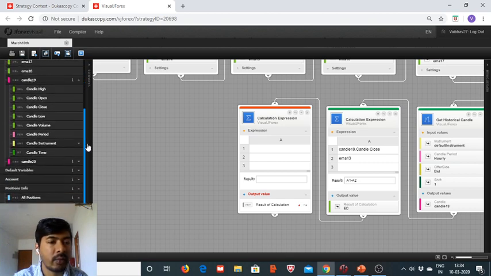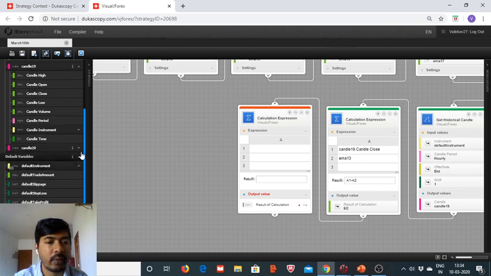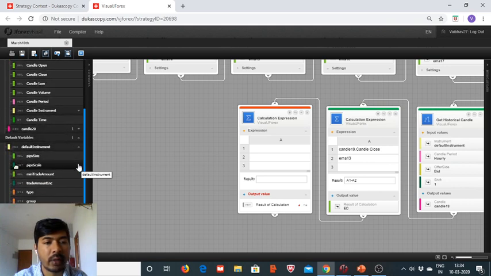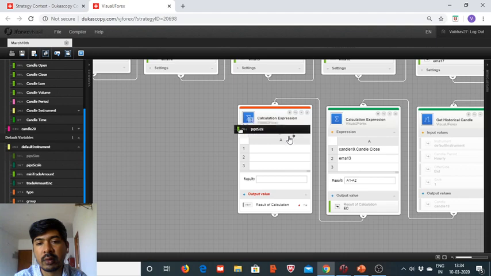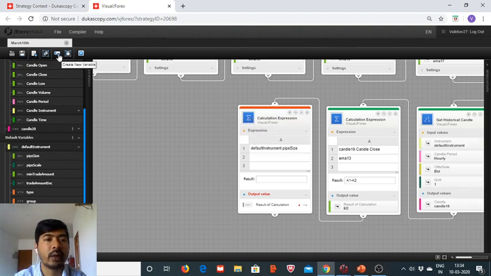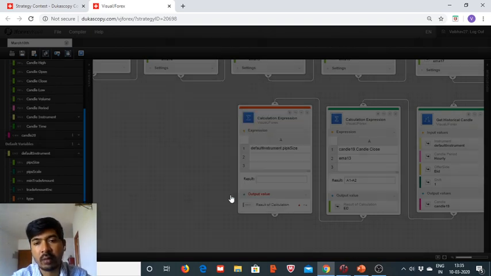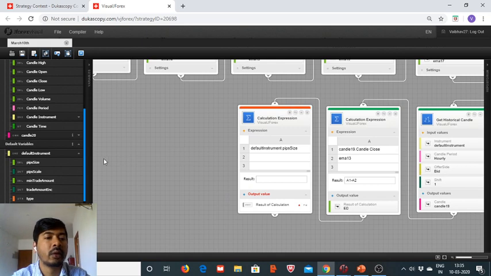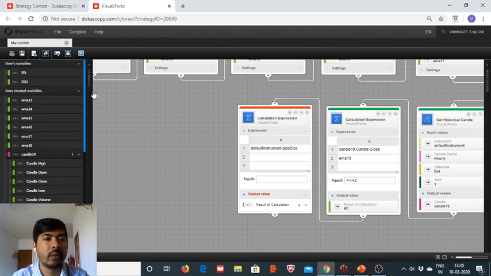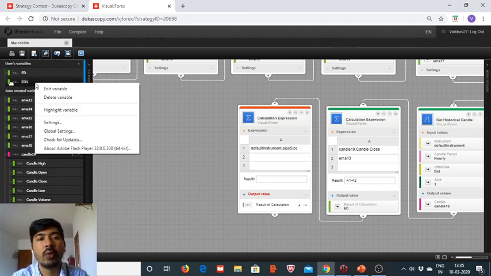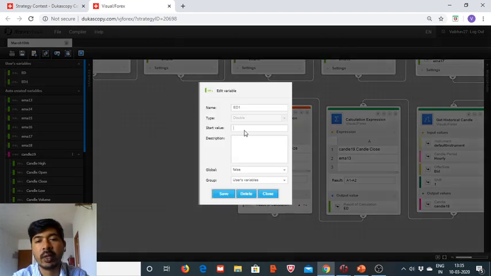So where is the default variables? The default variable is here, default instrument pip size, and we will need to create a new variable. We will name it ED1, and now let's give the ED1 a value of 15 pips.